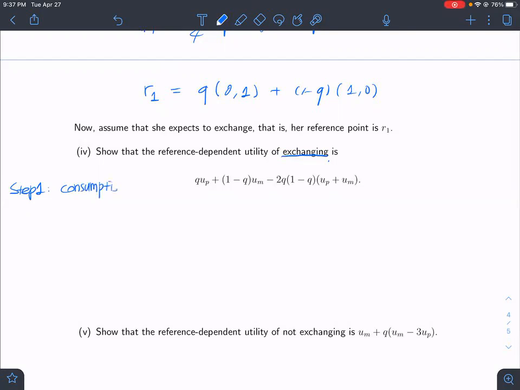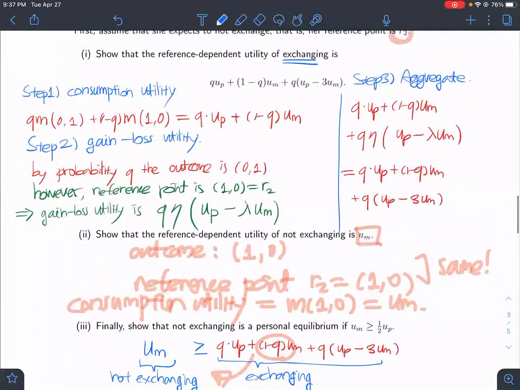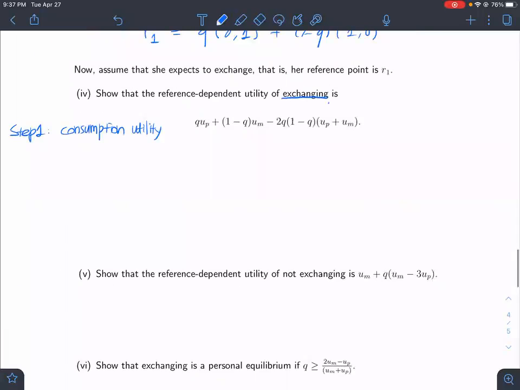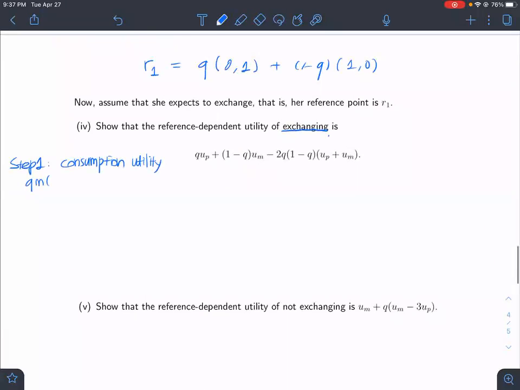Okay, so I almost made a mistake again. So step 1, consumption utility first. What is the consumption utility? In this case, actually, it's the same as this first question. So in this case, I will get 1 pen when I trade.